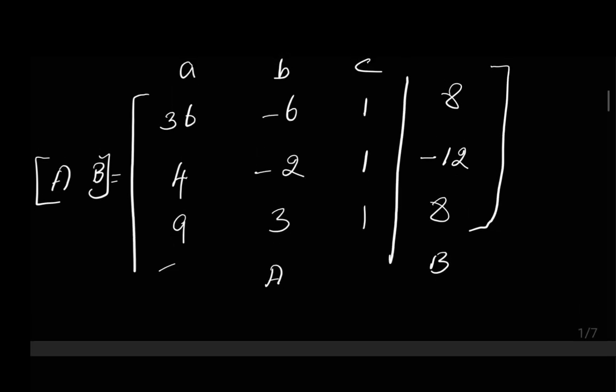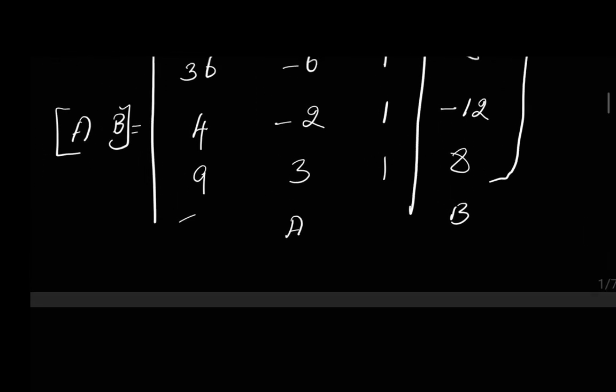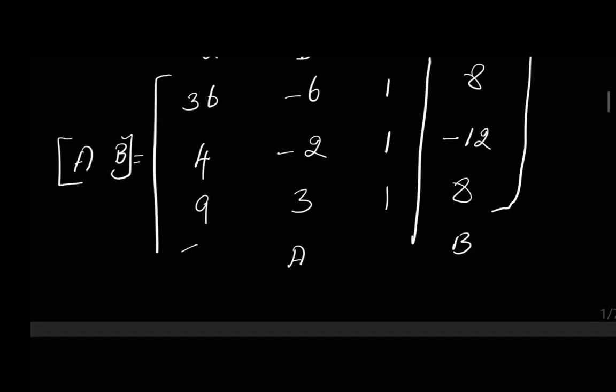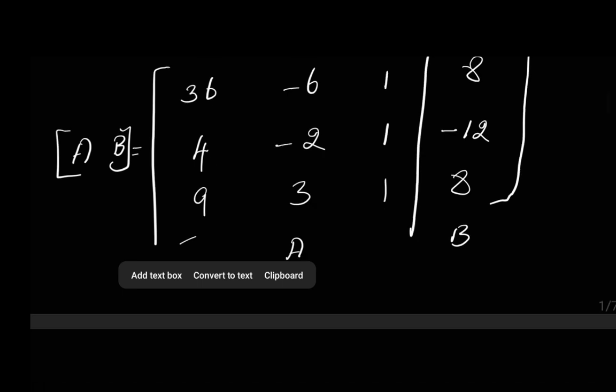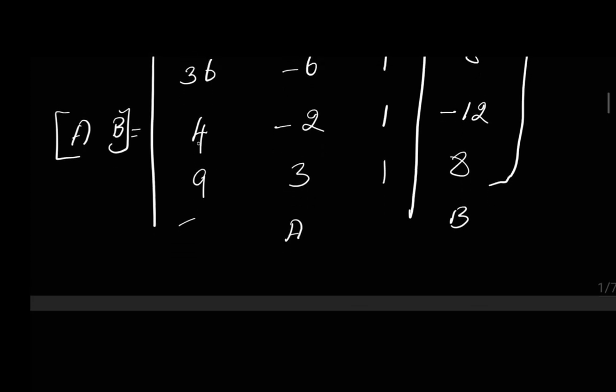Let me bring this matrix in the row echelon form. So first you have to bring here 1, first row first entry as element 1. But here it is 36. And also the elements below this in the same column are 4, 9. So no possibility of getting 1 here.